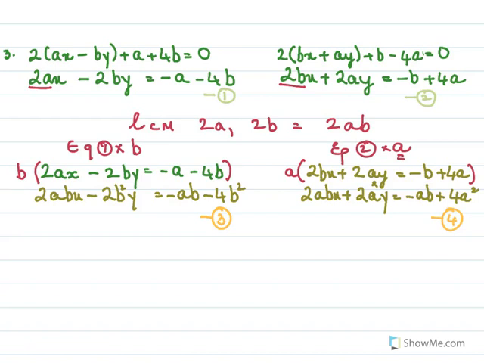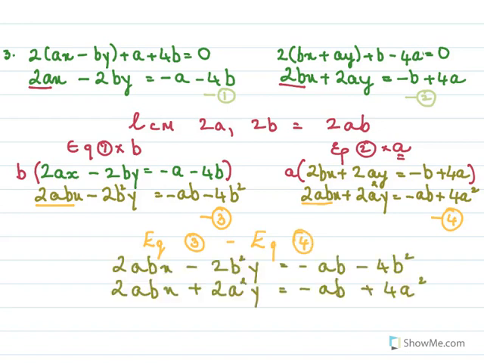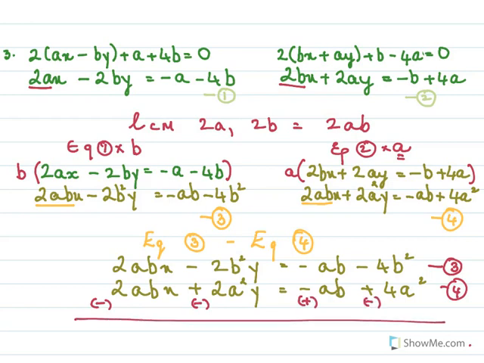Let me check my equations. The x coefficient here is 2ab, and here the x coefficient is also 2ab. So my equations are ready for subtraction. Equation 3 minus equation 4. Let me write out the equations. Here is my equation 3 and this is equation 4. Since the coefficients of x are the same, it is ready for subtraction. So the plus becomes minus, the plus becomes minus, the minus becomes plus, the plus becomes minus.